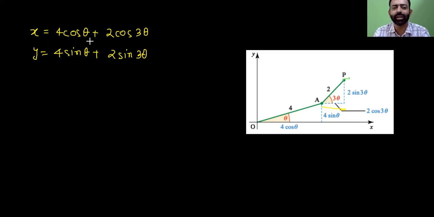It looks like a complex equation because you have two terms, with cos θ and 3θ. But once you know the angle θ, this will be only a single value, right? 4 cos θ will give you one value, and 2 cos 3θ will again give you a value, a constant.